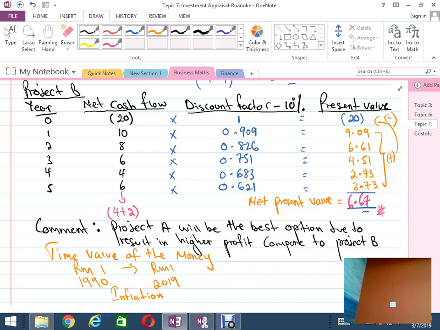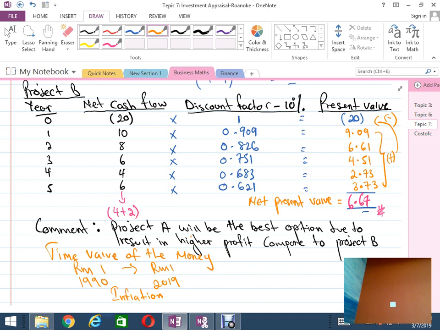So why do we need to calculate break even? Very simple. When a company wants to invest, they will calculate the discount factor, correct? They also will calculate the IRR. Very important: the company's cost of capital must be lower than this, then only will you get the positive answer.